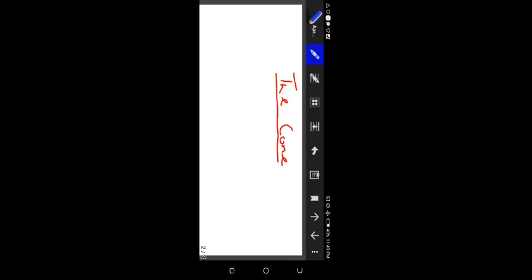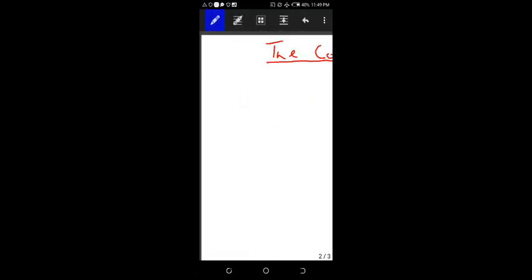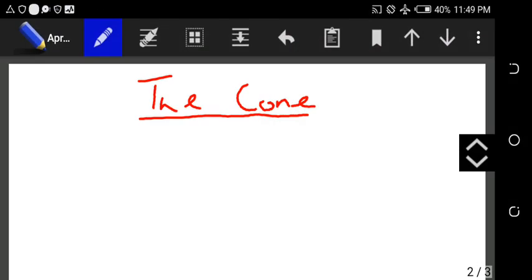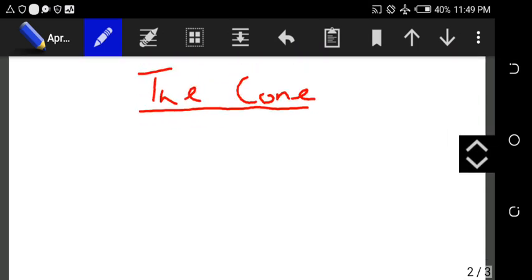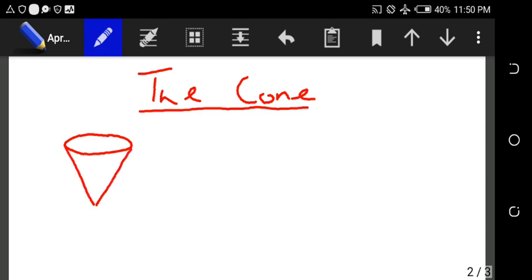Okay, so I'll start by making a shape. Draw the cone. So our cone has this shape, something like this. That's a cone, just like an ice cream.